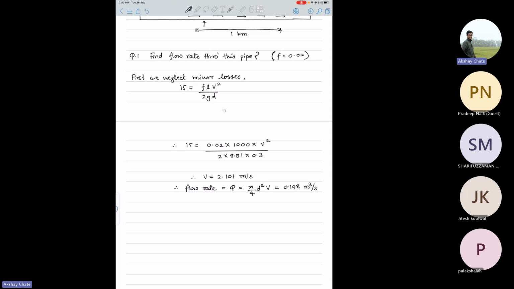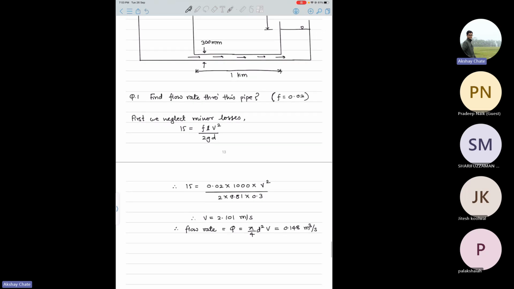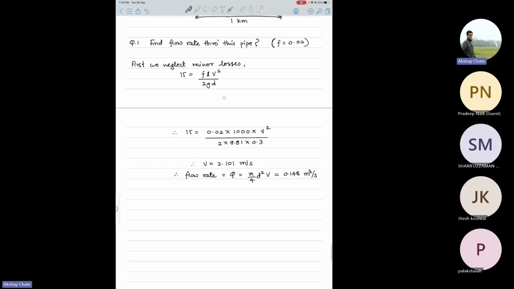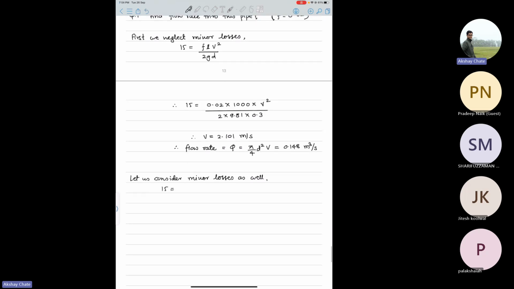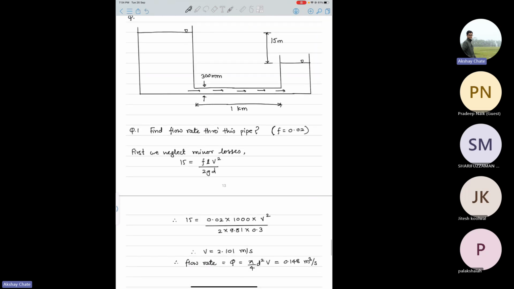Now the second part is, let us consider minor losses as well. So in that case, your head will be used for fLV² will be there. Let me call it V1 here because it may change. Plus there will be one entrance loss at the bottom of the bigger reservoir, and there will be one exit loss here.